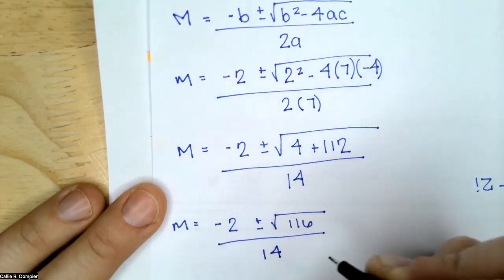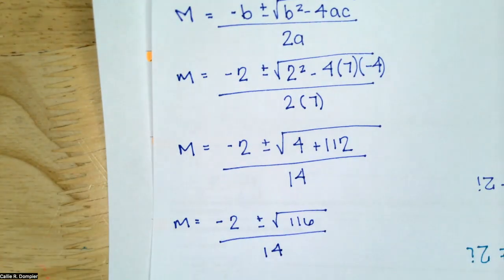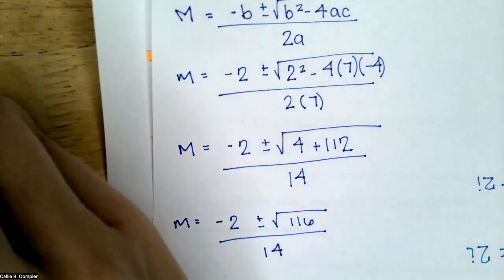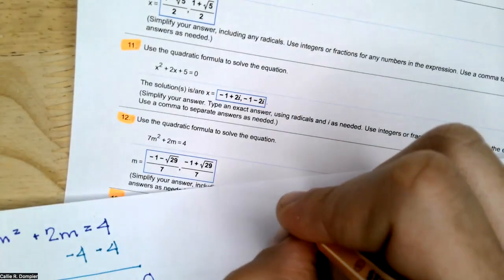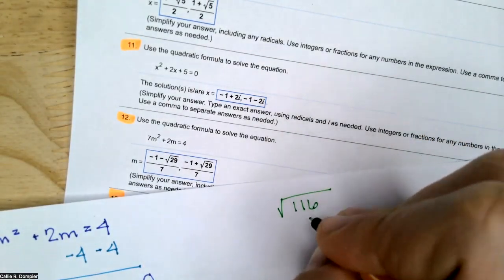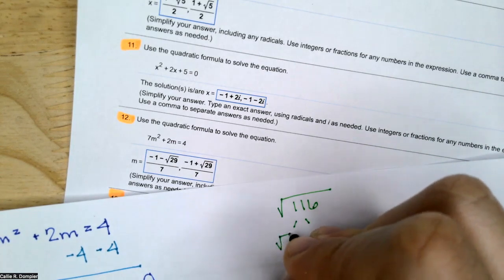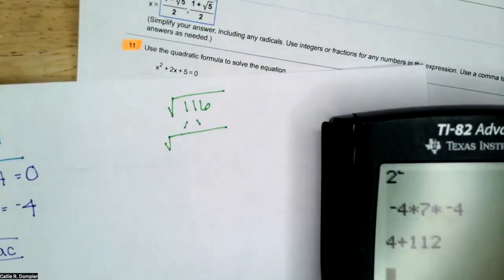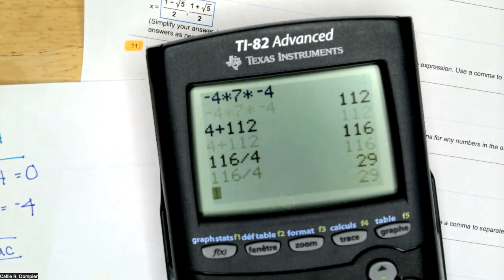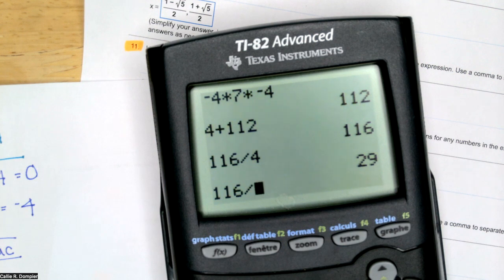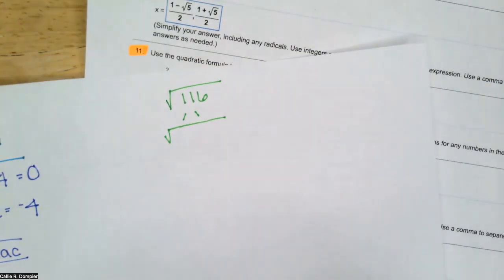over 14. Okay, so 116, you want to see if you can simplify it. You can either just start dividing it by small numbers, right? 116, I can divide it by 4, right? Because 4 is a perfect square. Or you can take 116 and divide it by every perfect square you know. Let's talk about what the perfect squares are.